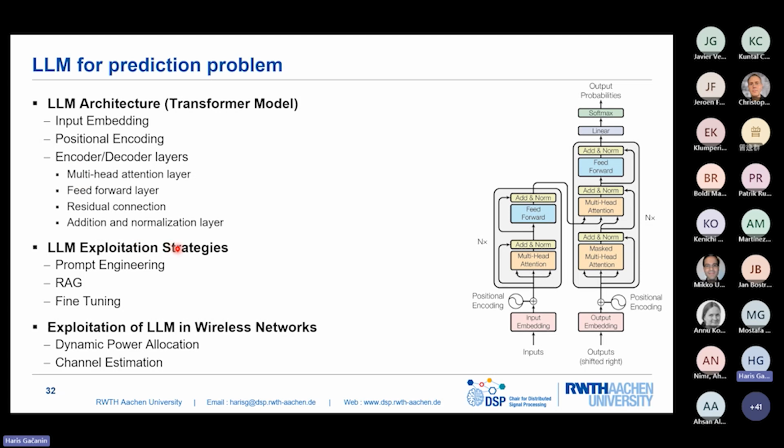Then the different exploitation strategies also depend on your designs, right? You either go with prompt engineering, or RAG methods, or fine-tuning methods. So, for example, if fine-tuning is done, a major challenge would be where you get the data set that you will actually use to train the LLM model for this particular use case.